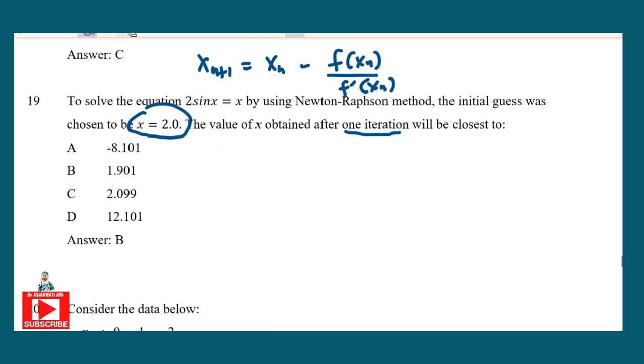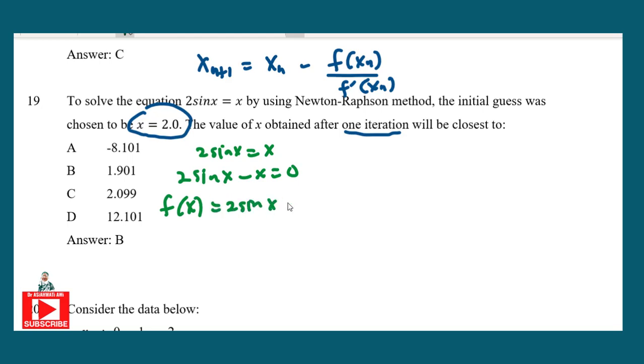From the given equation 2 sin x equals x, bring x to the left to change to general form. Then write f(x) equals 2 sin x minus x. Differentiate f to get 2 cos x minus 1.